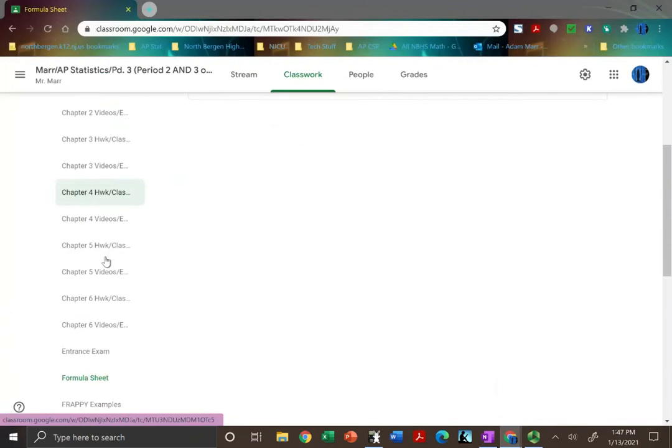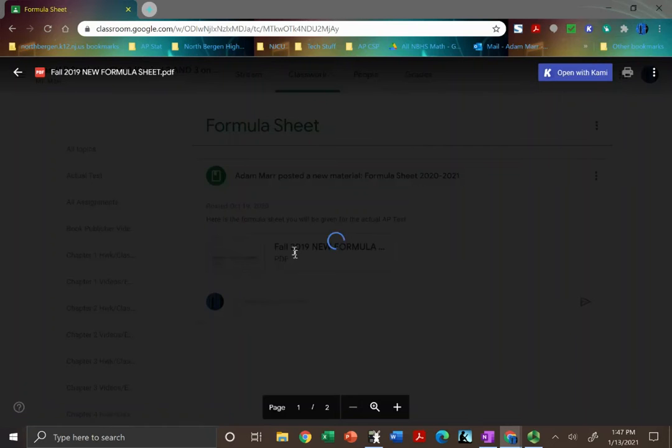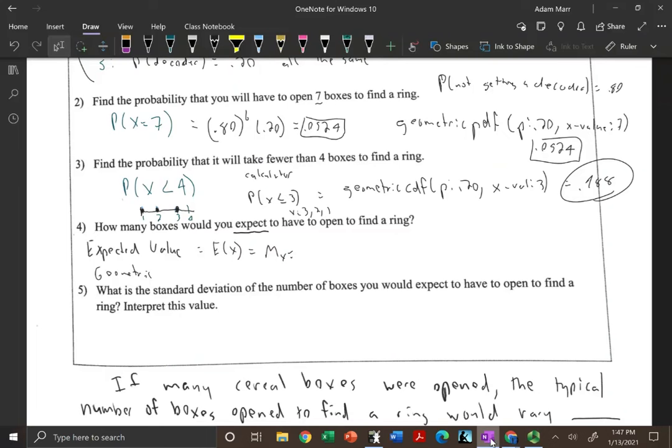We'll get the formula for expected value of geometric. It looks like the mean is 1 over p. So we're going to use that. In this case, p is 0.2, so 1 over 0.2, and we get 5. So that's going to be 5 boxes.